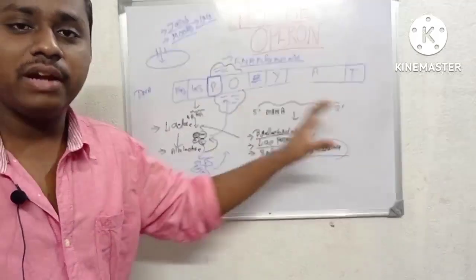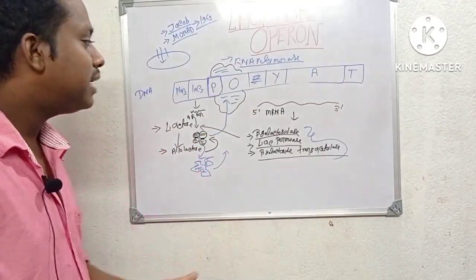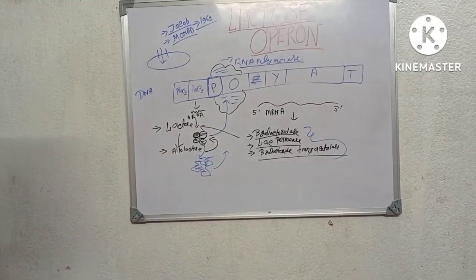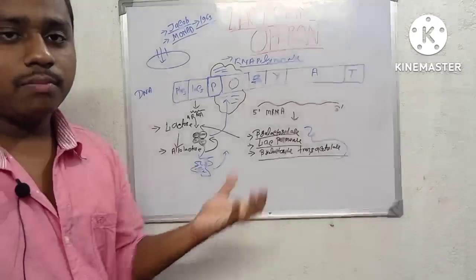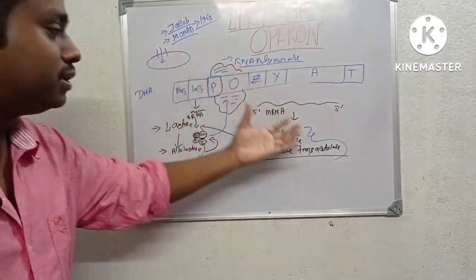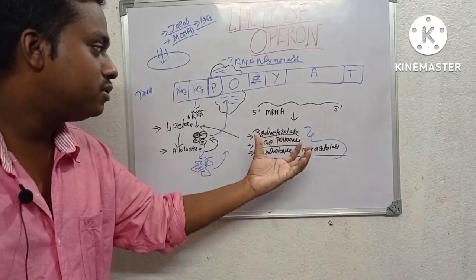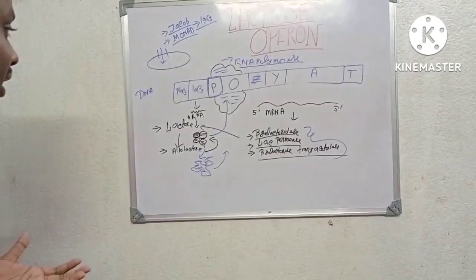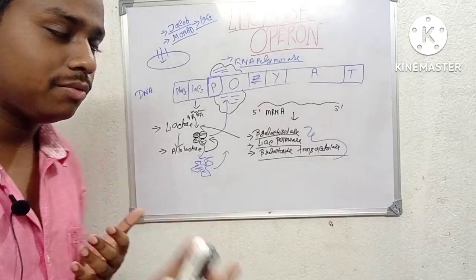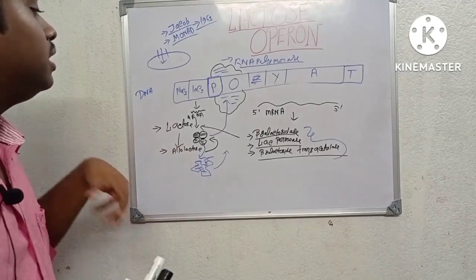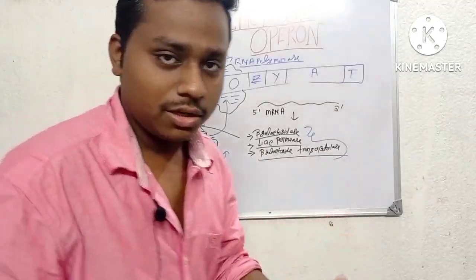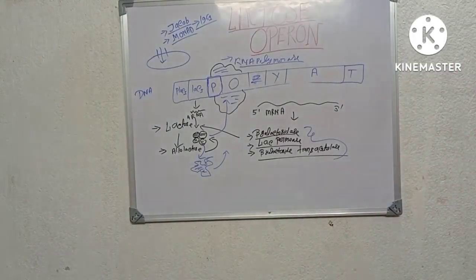This is the negative regulation of lactose. Another type of regulation is positive regulation, and you will see how this operon system is regulated, how negative regulation and positive regulation work coordinately in the presence of lactose and in the presence of glucose, in the next video lecture.